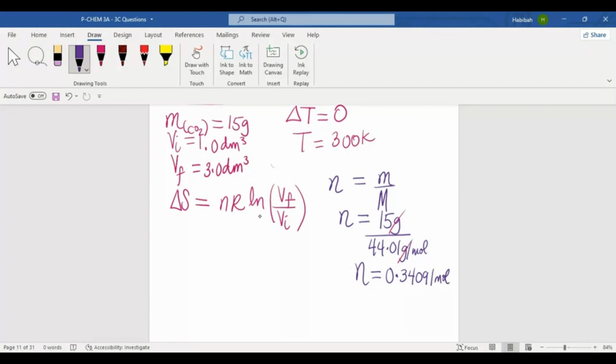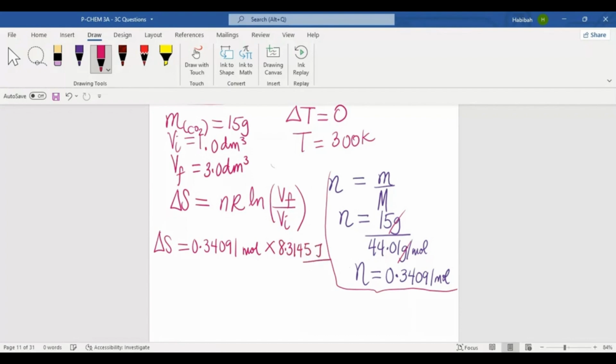So you have the number of moles, you have R, and you have V final divided by V initial. So you can just simply substitute into the equation. The change in entropy is going to be 0.34091 mole times the gas constant, which is 8.3145 joule per mole Kelvin, times ln of V final divided by V initial.